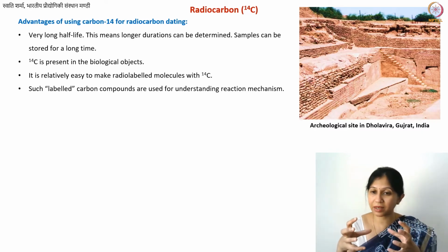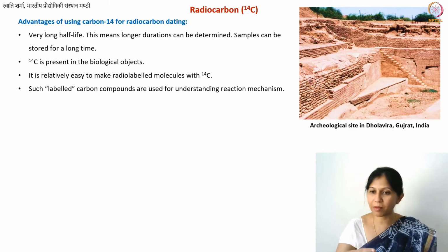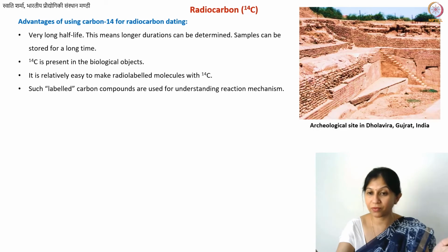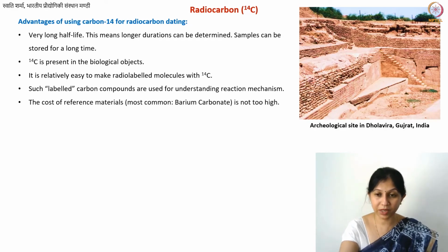When I mix these three things, I want to see what is attaching to which one at what time, how this material is splitting, and what new things are being formed. So I want to trace my carbon-14 atom, which I can do then. And this is how I can understand the mechanism of a certain reaction. So the radiocarbon material is widely used in radio analysis and in chemistry.